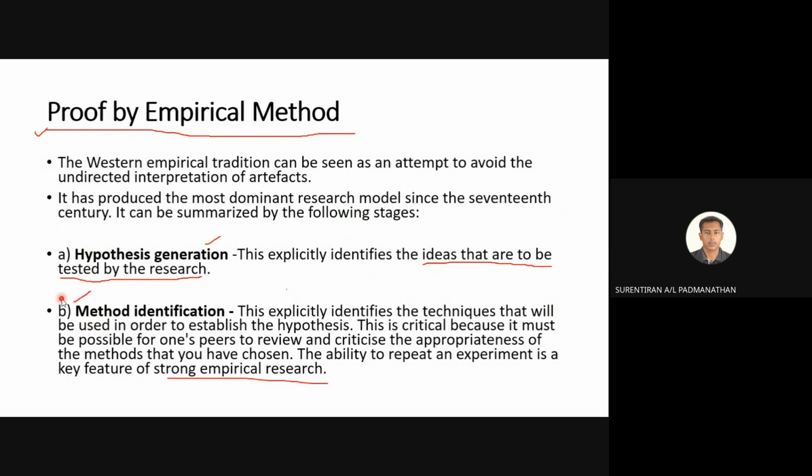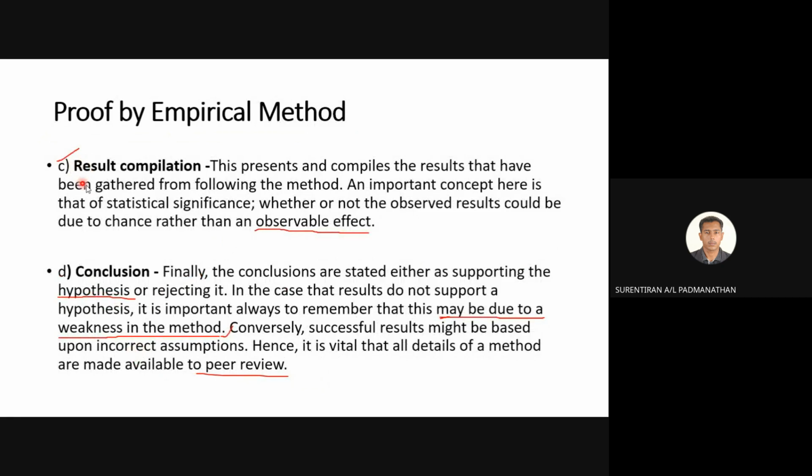Then after that, we come out with the research gap, then problem statements, objectives, scopes and limitations. Then we go to the methods. From methods, we do the analysis. Then we get the data. We analyze the data. Then we come out with the results and discussion.